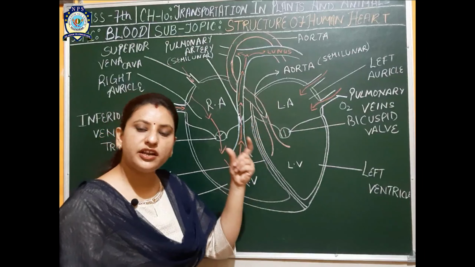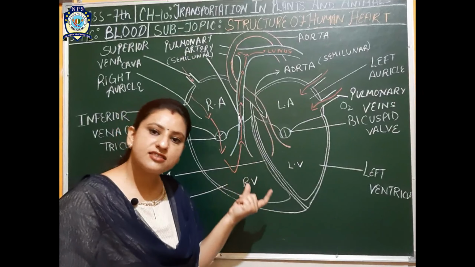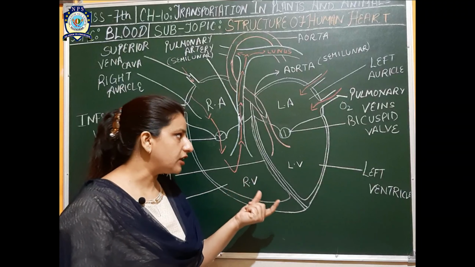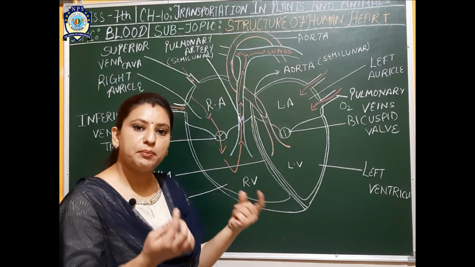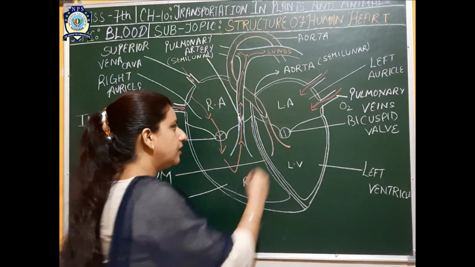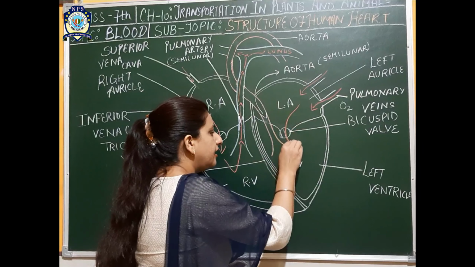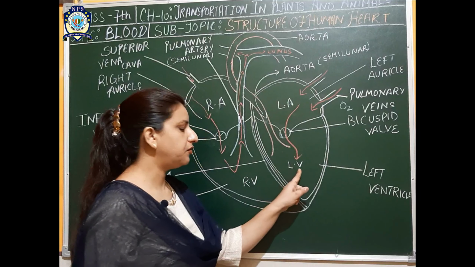Now the left auricle has got the oxygenated blood. The pressure will increase in the left auricle. As the pressure increases, the bicuspid valve opens, and through the bicuspid valve the blood will start entering into the left ventricle.